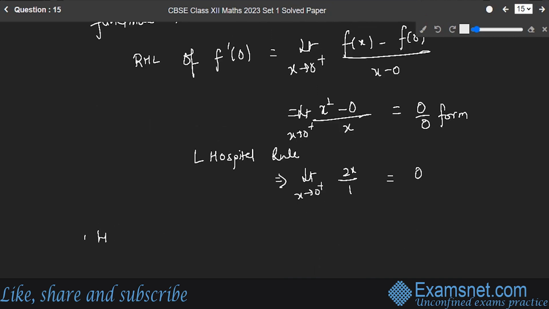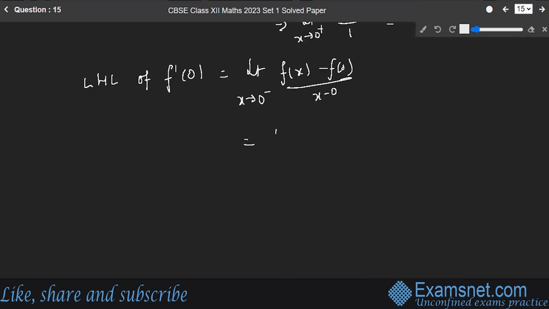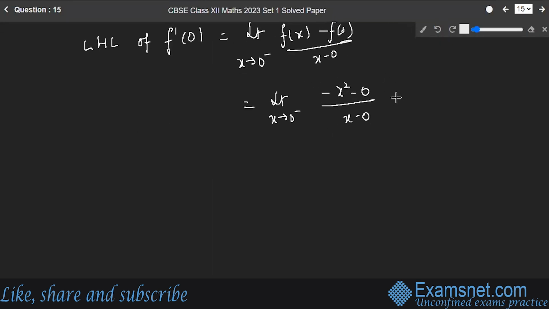Now let's talk about the left hand limit of f dash 0. So the limit as x approaches 0 minus of f of x minus f of 0 upon x minus 0. This will be equal to the limit as x approaches 0 minus of minus x squared upon x.